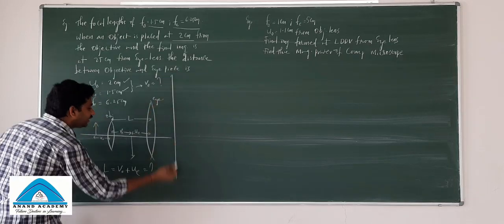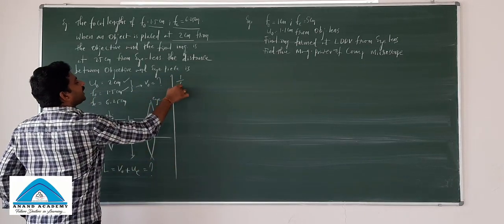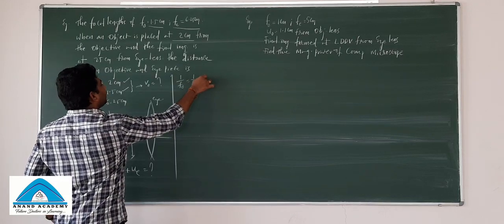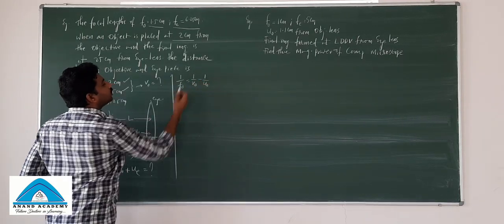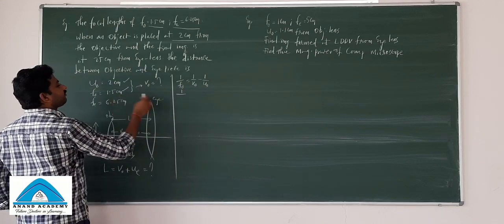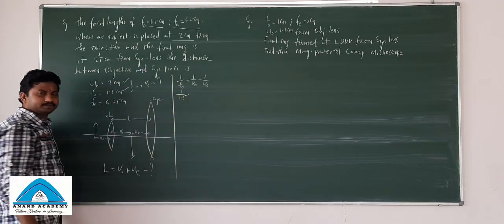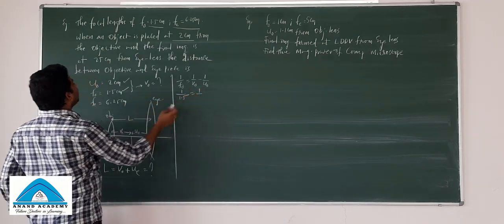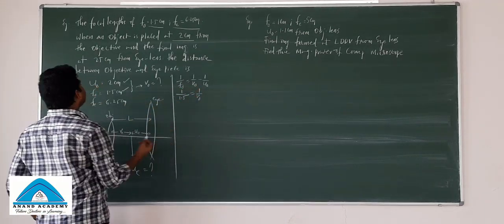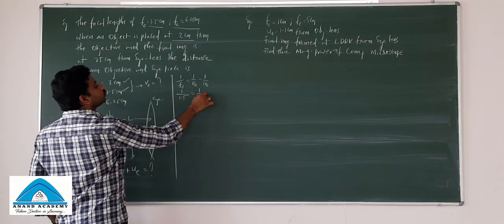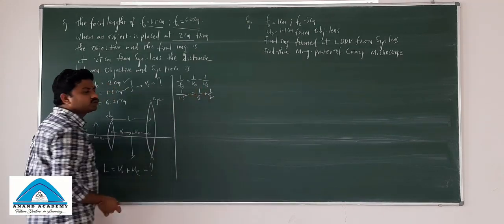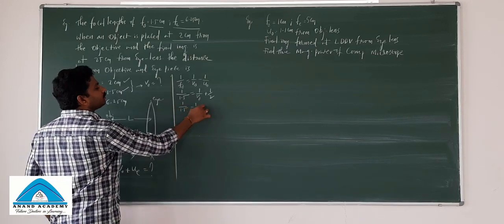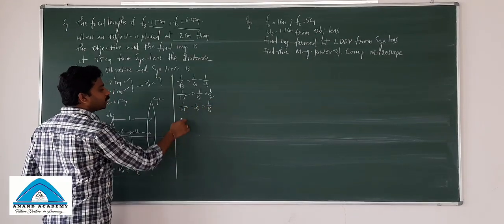So how to find the V0? 1 by f naught is equal to 1 by v naught minus 1 by u naught. 1 by f naught is 1.5, which is equal to 1 by v naught, which we need to find out, and u naught is 2. Minus of minus, it is plus 1 by 2 here. 1 by 1.5 minus 1 by 2 is equal to 1 by v naught.